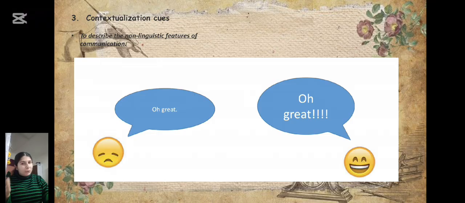At first, my tone is lower, my voice is lower, so it gives you the idea that I don't like something. But in the second, I'm raising my voice, so I really like the idea, or I really appreciate the idea, and things like that. So not everything is about speaking, it's also about our tone.